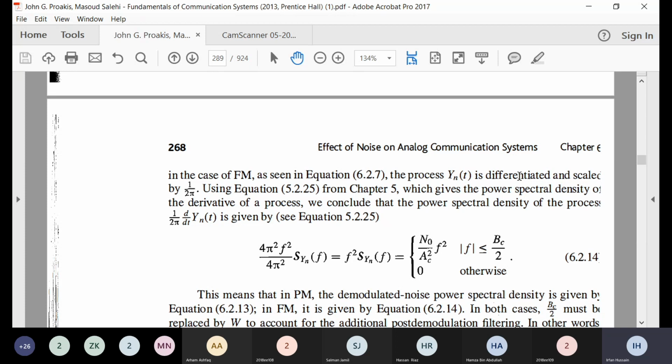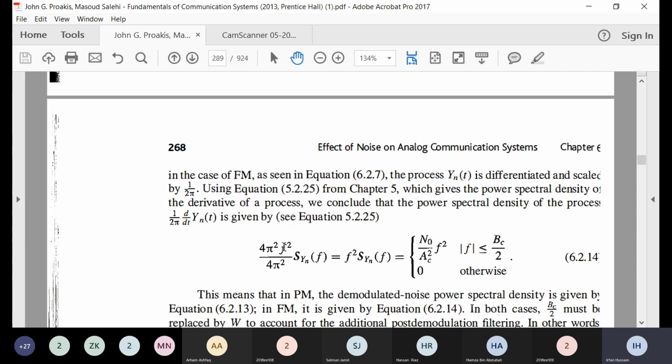For a random process, the output will be HF mod square into the PSD of the input. So HF mod square will come out to be 4 square, j square, pi square, and all that. But j square is now -1, and mod will take it out. So this will be 4 pi square f square.